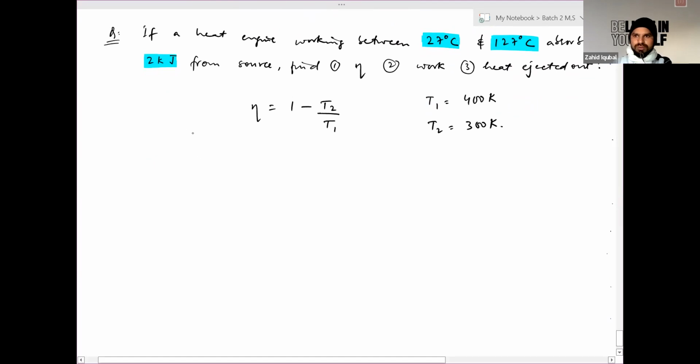We have 2 kilojoule heat absorbed from source. That is Q1, we have 2000 joule. So you may write efficiency equals work done by heat absorbed from the source. Using this relation, you will be able to calculate work done. And then work done equals Q1 minus Q2.